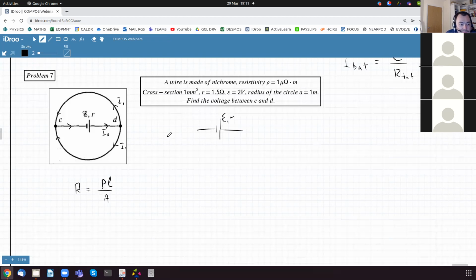Okay, so the equivalent circuit for this would be like this. So there's a wire here, there's a wire here. So these represent these branches.